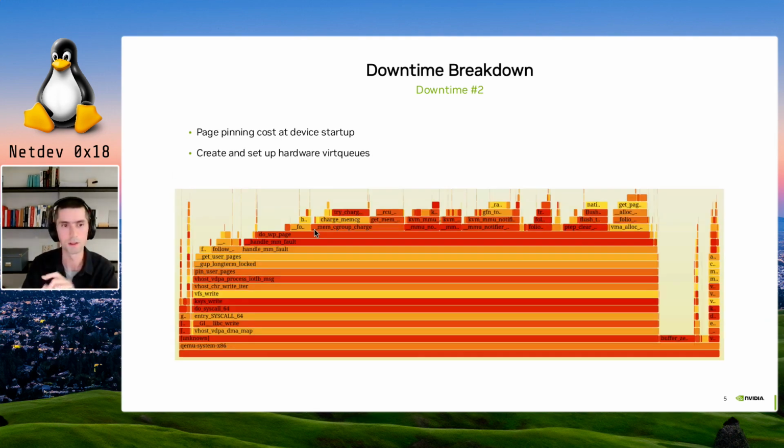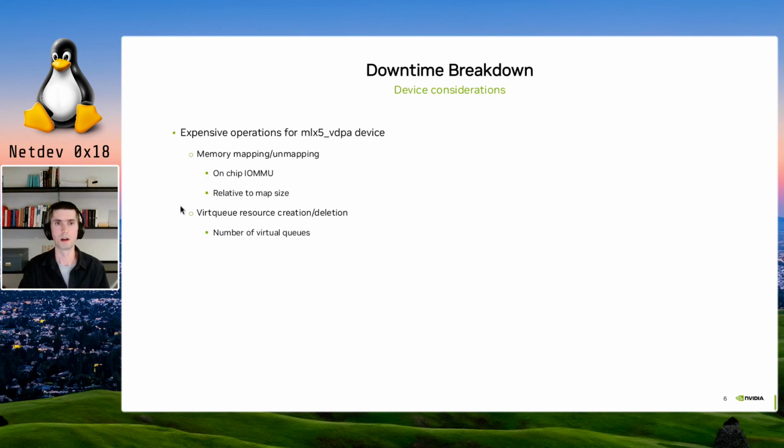On the other side, in the second downtime, we have this huge cost here, which is the page pinning. Then there's also a bit of mapping, but it's mostly page pinning and some queue creation and configuration operations. So this is with the focus on the NVIDIA device, of course.